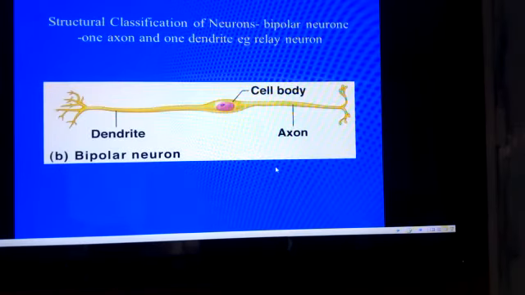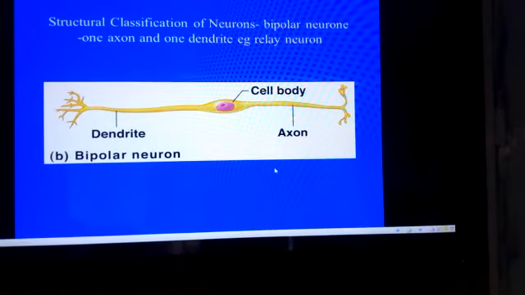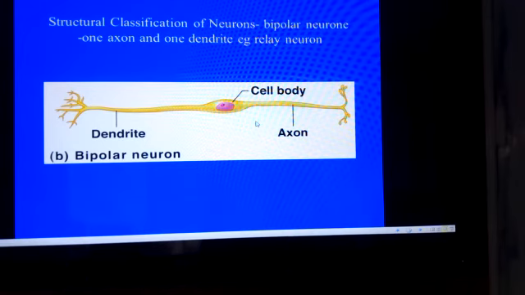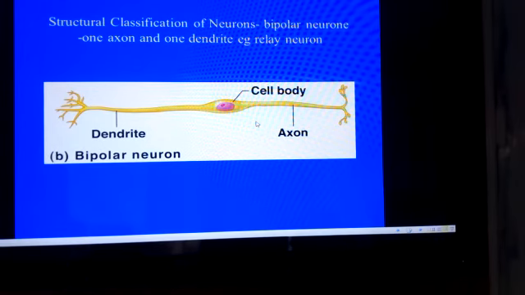So that is a basic classification of neurons. Remember, number one, we said based on the direction of the flow of impulse, whereby we have sensory, the motor, and also the relay neuron, which relays impulses within the central nervous system.